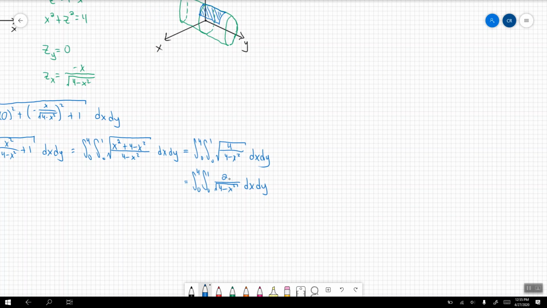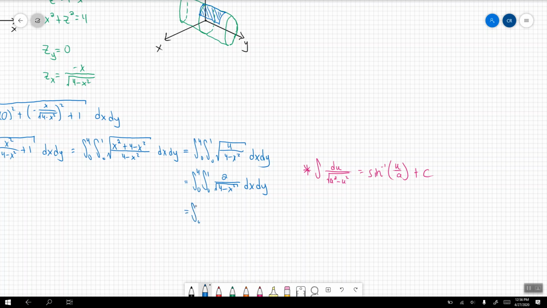So if we integrate with respect to x first, that's great, because here I believe we have arcsine, if I'm not mistaken. We have this one integral where we have a squared minus u squared, and this is equal to sine inverse of u over a, plus c.